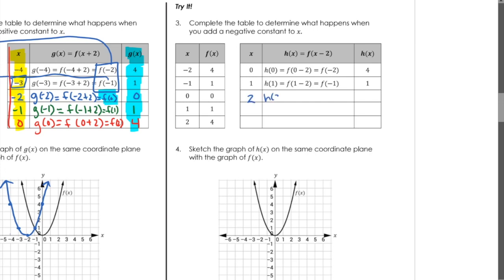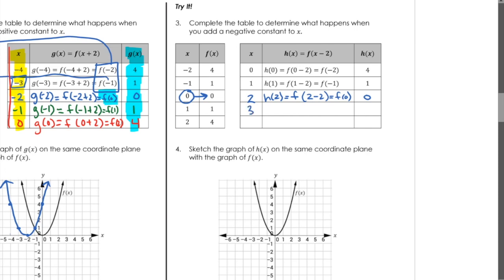So we do h of 2 equals f of 2 minus 2. That answer is 0. So I grab whichever 0 is over here, and I match it. So 0 is right here, and it's the next number, which is 0.